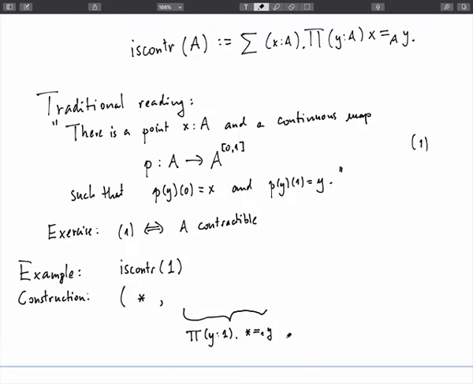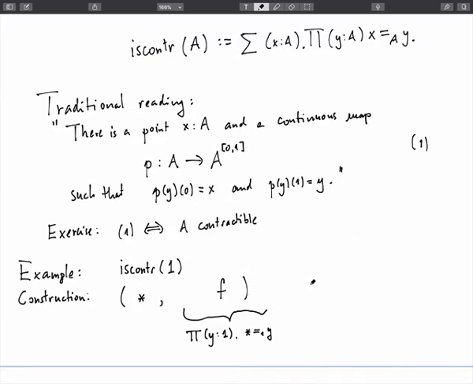Okay? How do I get such a function? Well, I need to remember what my definition is. When you define the unit type, you need to know what its property is. And its property was that in order to define a function out of 1, you just need to say where the star goes. Okay? So to get a function here, you would say, so this is a function f, okay?